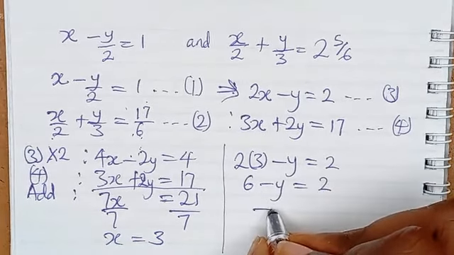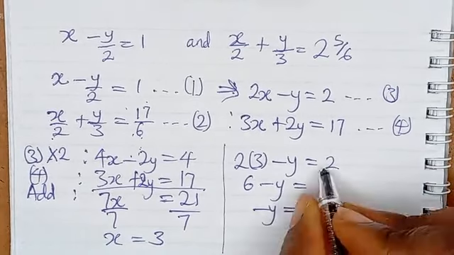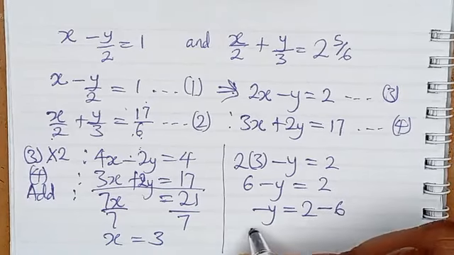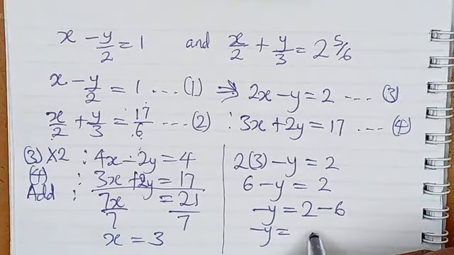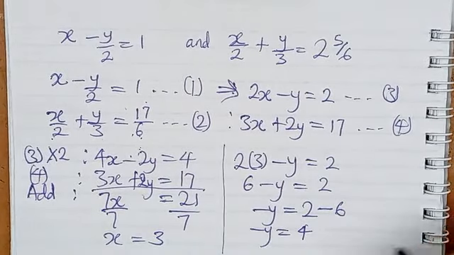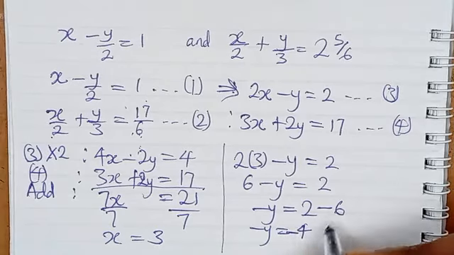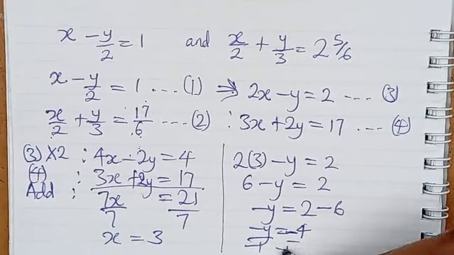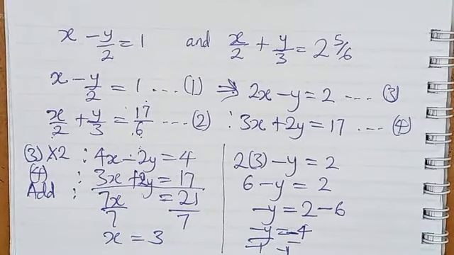We collect like terms. Negative y remains here, 2 is already here, 6 comes over to be minus 6. And we have that minus y is equal to 2 minus 6, which is minus 4. We divide both sides by negative 1. We have that y is equal to 4.